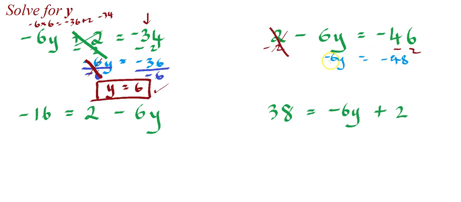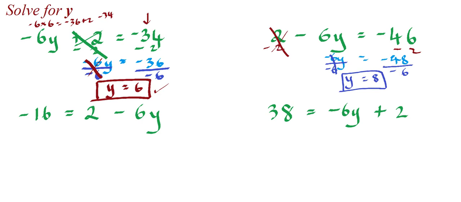And let's take it a step further. We want to cancel the multiplying by negative 6. We do that by doing the opposite, or the reciprocal. We divide by negative 6. So we're left with y on the left-hand side, and negative 48 divided by negative 6 is positive 8.